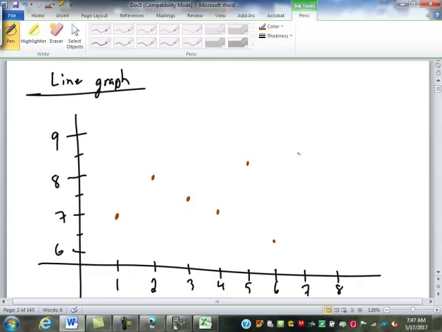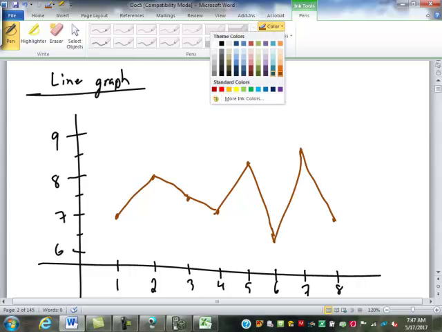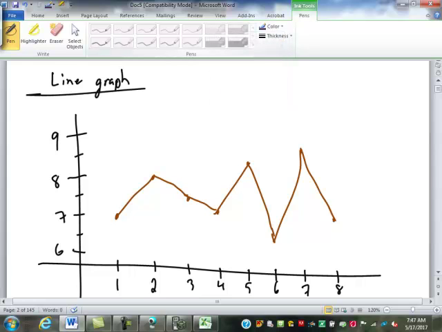Seventh sample is 8.5. Eighth sample is 7. So then we just connect the dots. So this is statistically called a line graph.